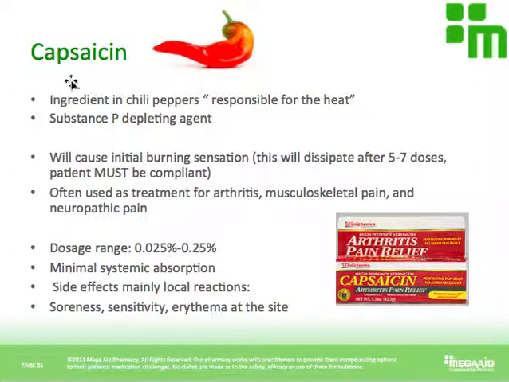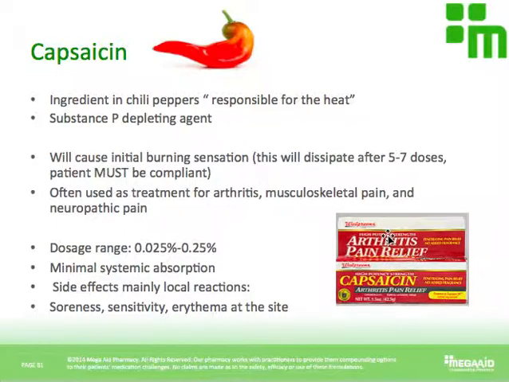Capsaicin is another pharmacological ingredient that's used to treat pain. So capsaicin is a common ingredient in chili peppers, and basically this is a drug that's responsible for that sensation of heat. It's a substance P depleting agent, and what it will do will cause an initial burning sensation that will dissipate after 5 to 7 doses, but the patient must be compliant. And it's often used for the treatment of arthritis.